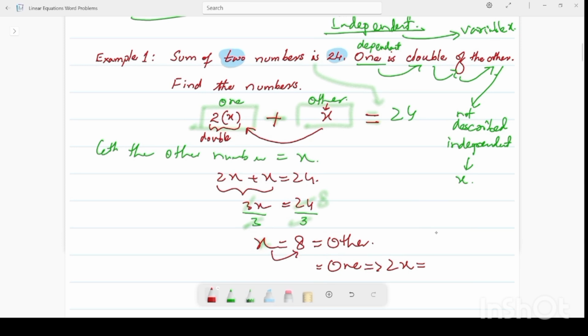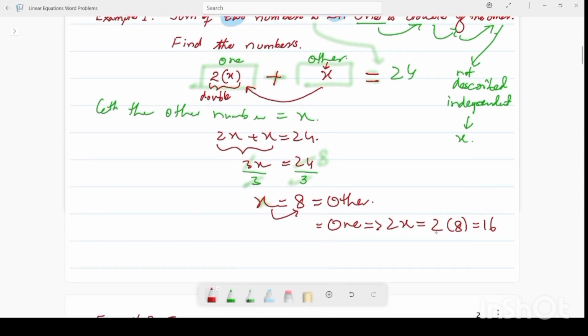So 2 times 8 is equal to 16. Now looking at this statement, one number is 8, the other number is 16. Could we say that the sum of these two numbers is 24? Yes, the sum of these numbers is 24.